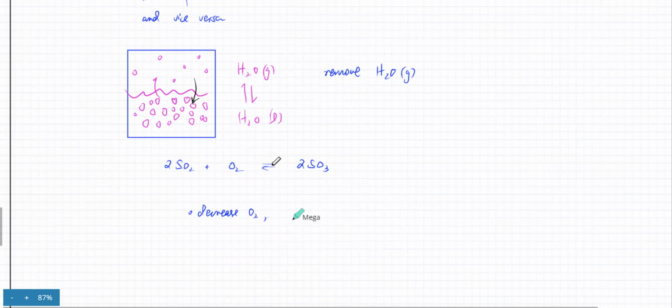Equilibrium is going to do the opposite. It's going to try and make more oxygen. So if I try to decrease O2, then it's going to favor the backward reaction. It's going to try and make more oxygen. So the backward reaction would be favored.